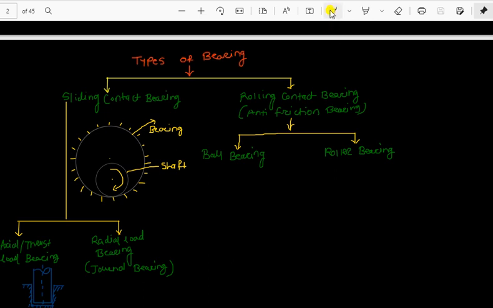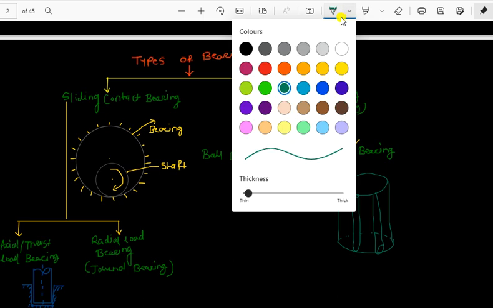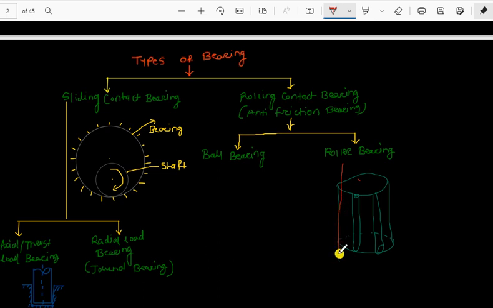I will draw a figure explaining the roller cage bearing. Let us say this is a complete cage. Now such rollers are fixed. This is, let us say, a solid roller, and similarly all over the circumference such rollers are there, so that any shaft, let us say, I will draw with another color. Let us say this is the shaft.